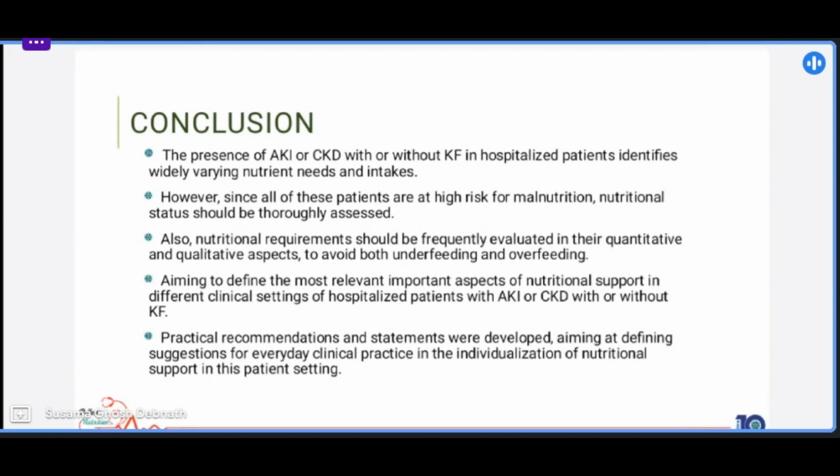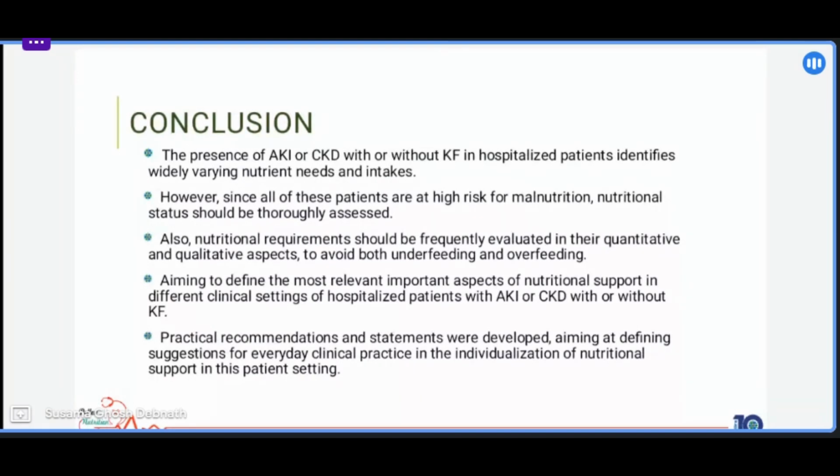So like in kidney disease, there are parameters by which we need to go for a thorough nutritional assessment of a hospitalized patient. What is the patient's creatinine clearance? Depending on that, we will calculate how much protein should be given to a patient. GFR will help us to assess the patient's kidneys, in which stage the patient is.